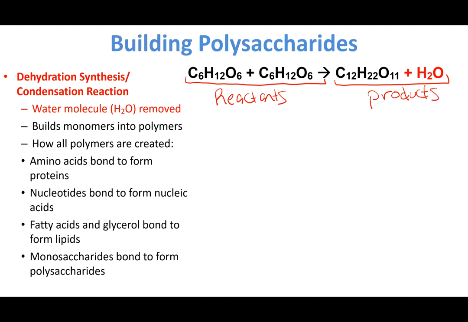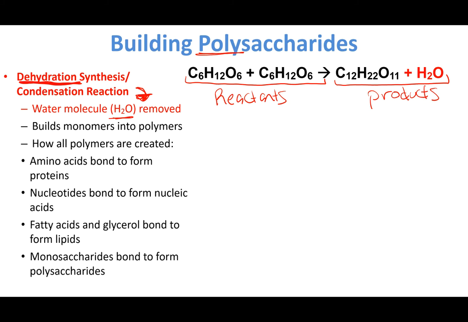So whenever you're building a polysaccharide, or anytime you're building a polymer, that type of reaction is called a dehydration synthesis or a condensation reaction. It's called that because you always get water as a product. You can remember it this way: when you're dehydrated, you've lost a lot of water.